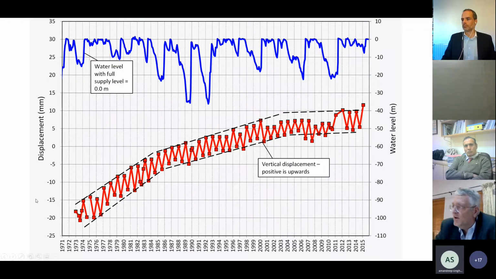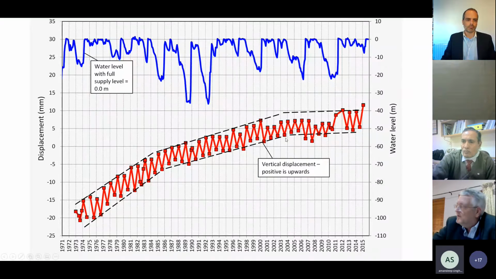This is what a lot of people use. This is the vertical displacement on the center cantilever, and you see this vertical swelling with lots of dams, and at a certain stage the swelling appears to stop. It doesn't appear to swell anymore, but I'll explain now why that happens.